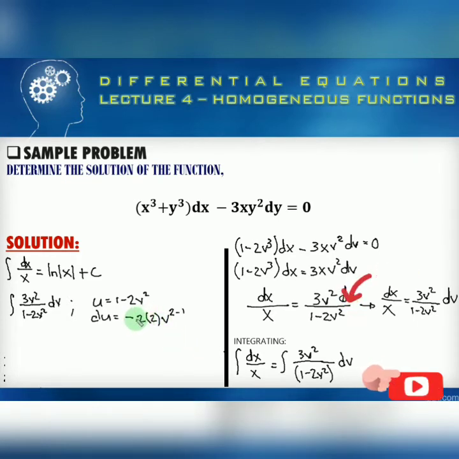I'm sorry, so let's have a correction, because based on this one, 1 minus 2b cubed quantity dx is equal now to 3b squared db, so dx over x, and then there is 3b squared over 1 minus 2b cubed. So let us correct this one before we proceed.